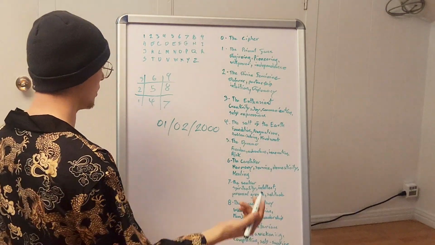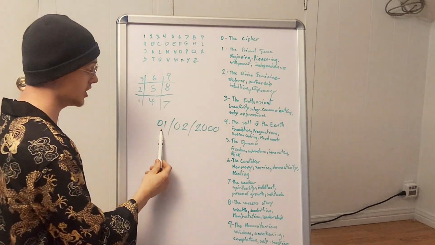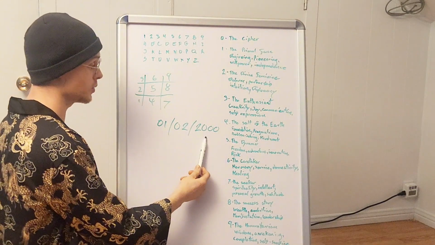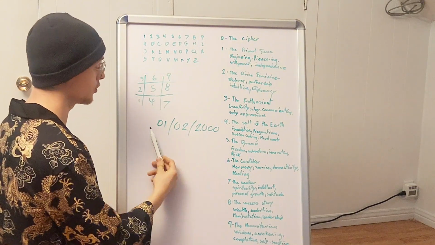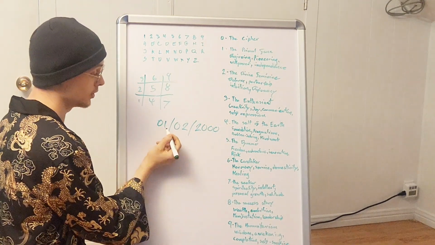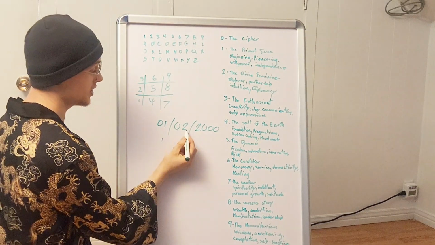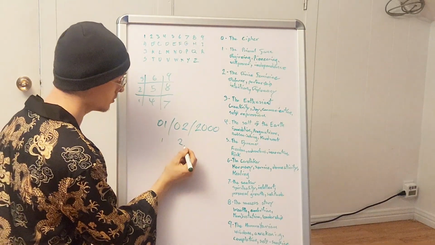Now what you will do is the addition of each individual part of your birthday. Let's say 0 plus 1 will equal 1. Over here 0 plus 2 will equal 2.